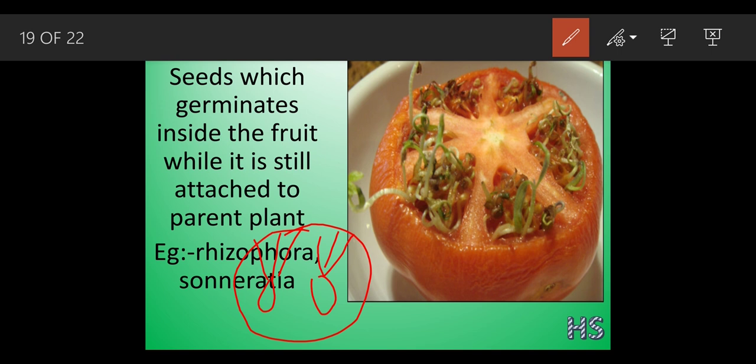But viviparous means giving birth to the young one, as in the condition of humans. We don't give eggs, we give birth directly to the young one. So that is why this special name has been given, viviparous germination, because it gives the germination condition inside the plant only.